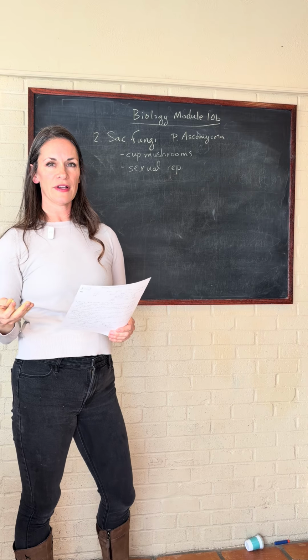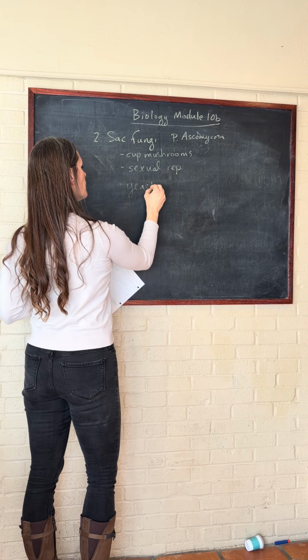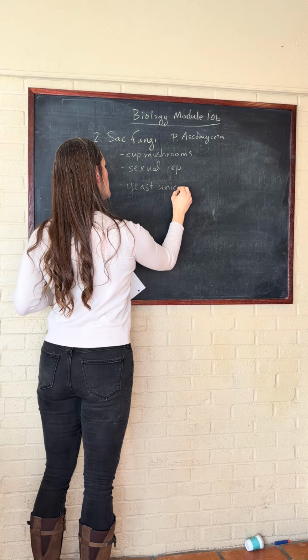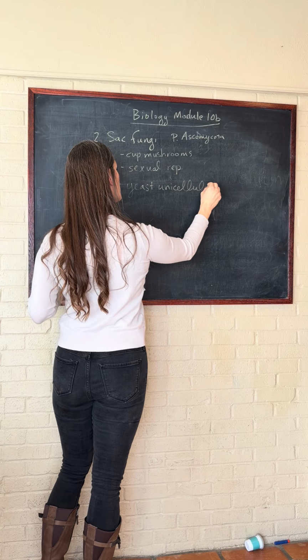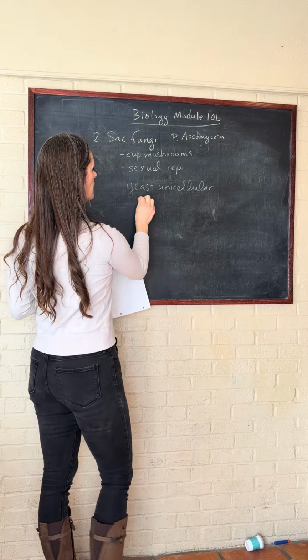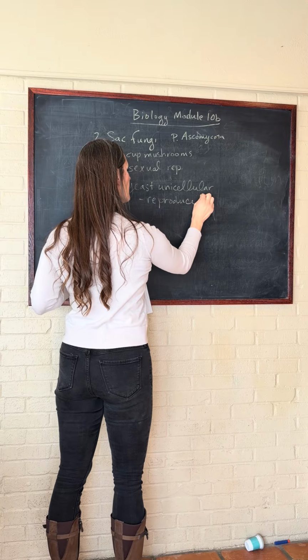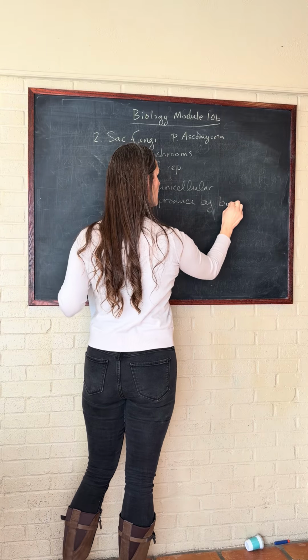Also in this phylum are yeast, which I said are unicellular fungi. And yeast can mate and form sexual spores, but they can also reproduce, and more likely reproduce by budding.